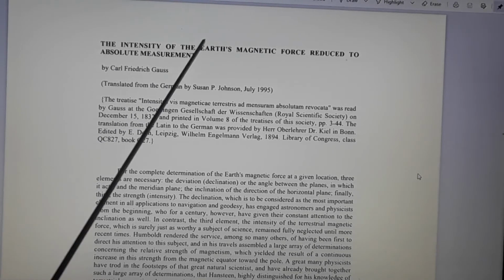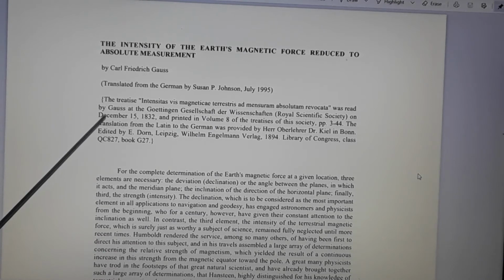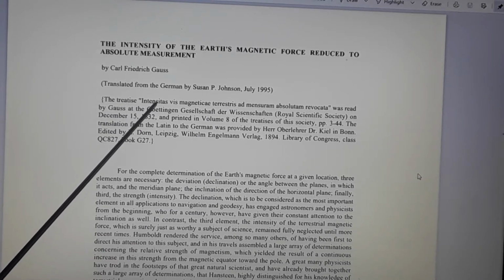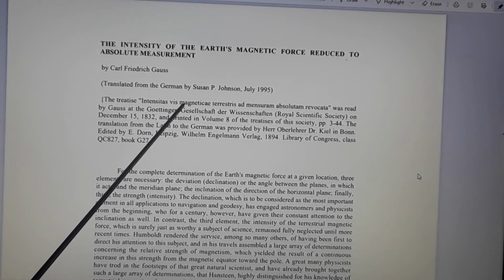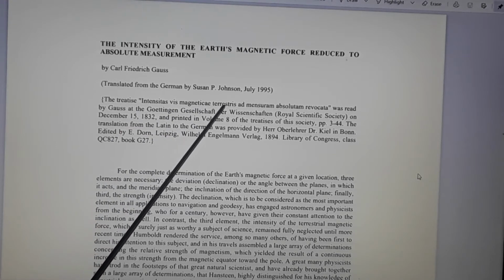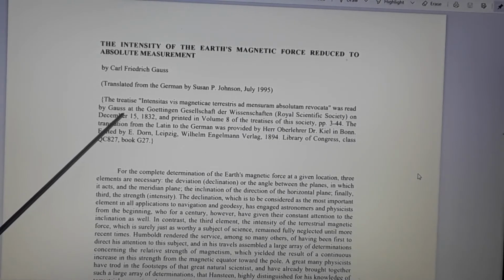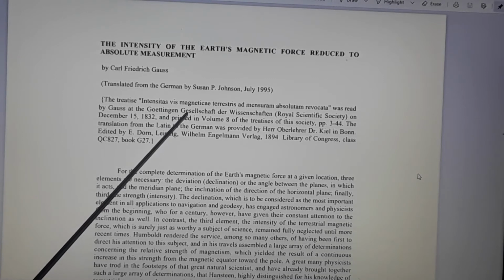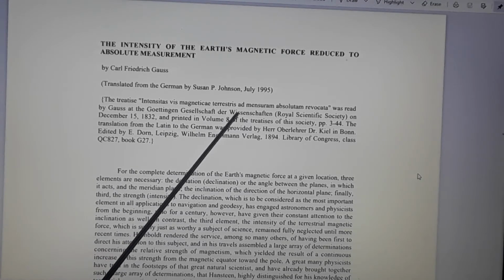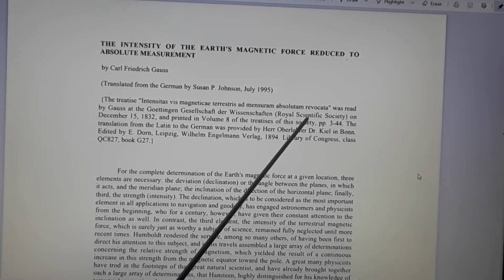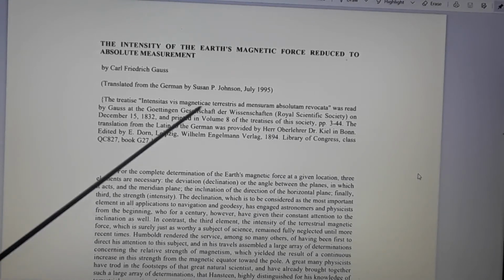The intensity of the Earth's magnetic force. This is from the treatise Intensitas vis magneticae terrestris ad mensuram absolutam revocata, by Gauss and the Göttingen Gesellschaft der Wissenschaften, the Royal Scientific Society.